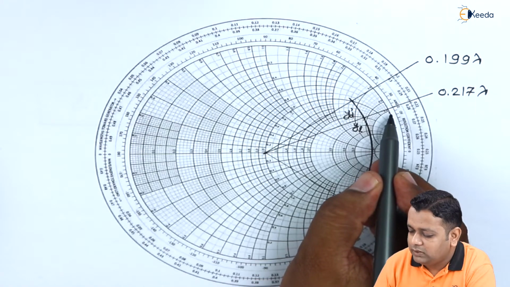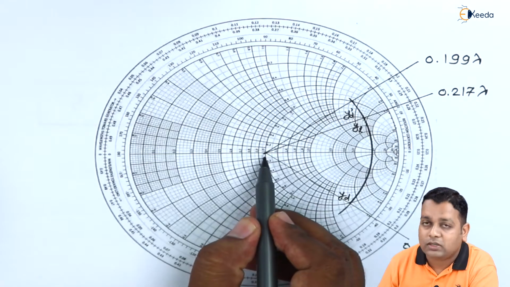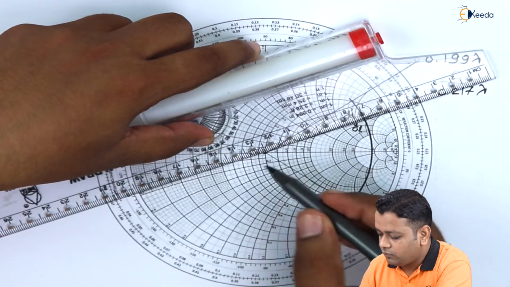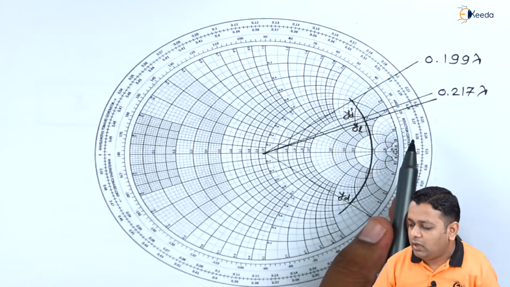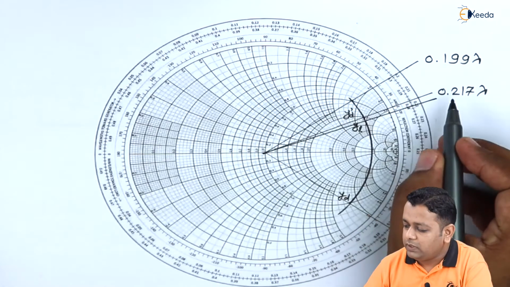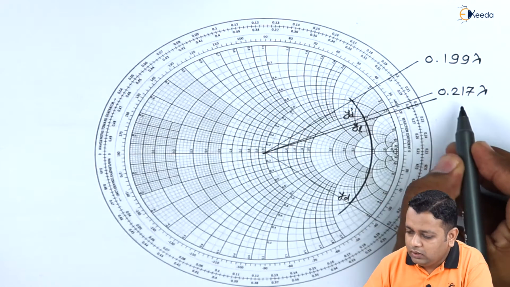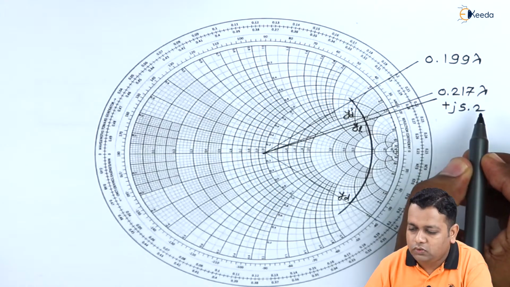So this marking I select and I join it to the center of the Smith chart at r is equal to 1. So in this regard, I have drawn a line onto the Smith chart. Now onto the Smith chart, I can represent this particular line corresponding to positive j 5.2 here.